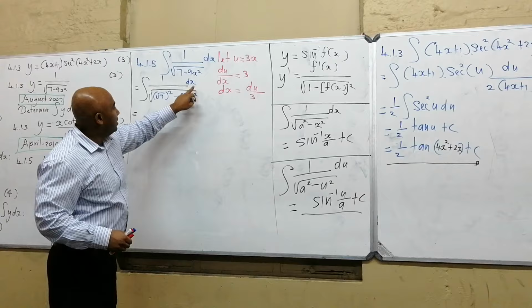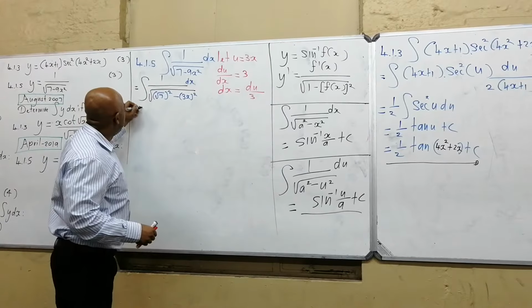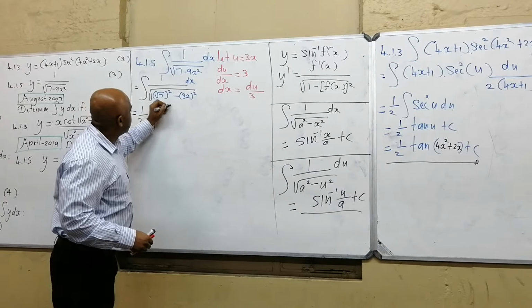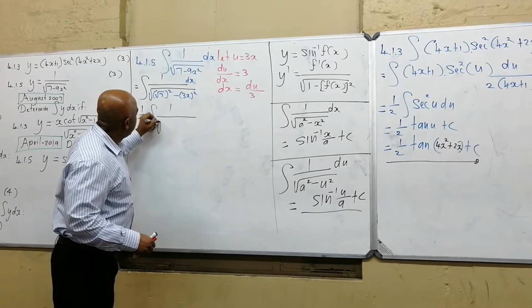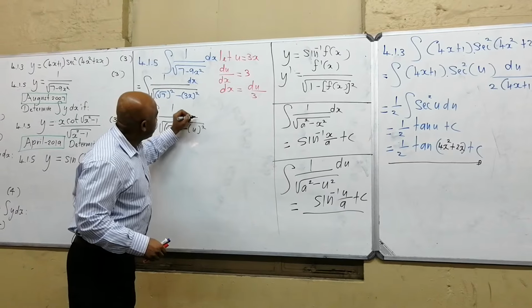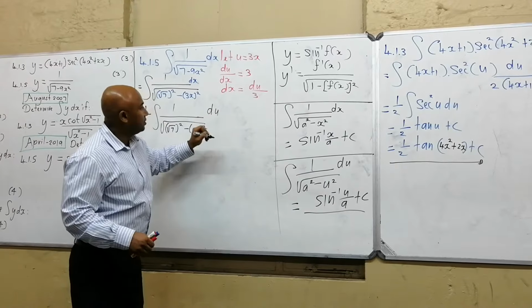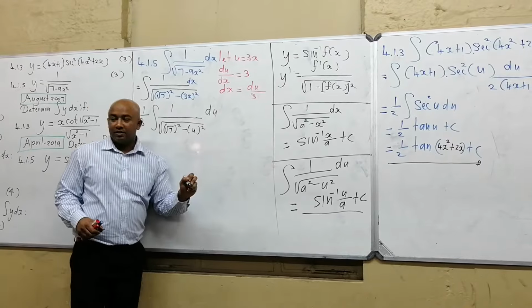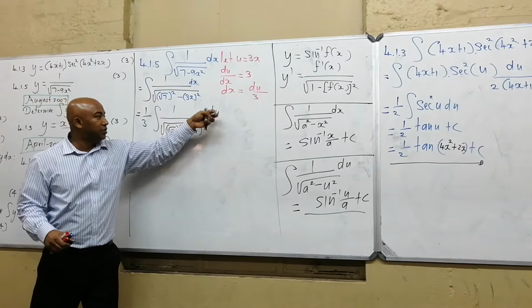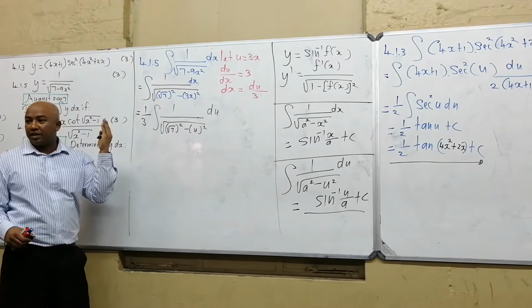I know that's going to be du over 3, so there's my 1 over 3 there. That's 1 over the square root of 7 squared minus u squared du. You're clear with that? There's my 1 over 3 actually.